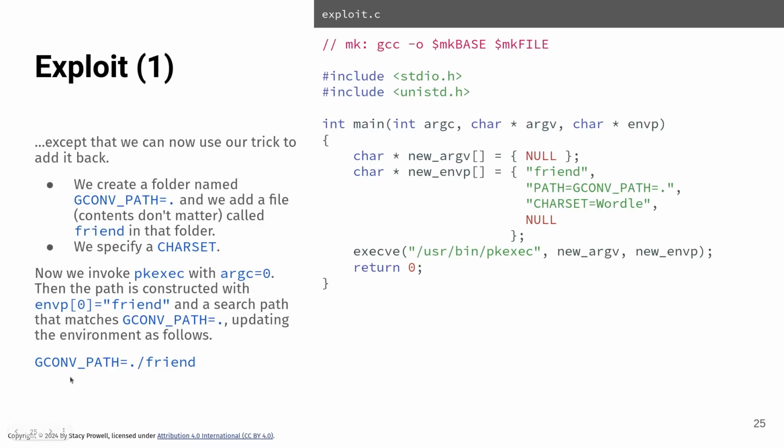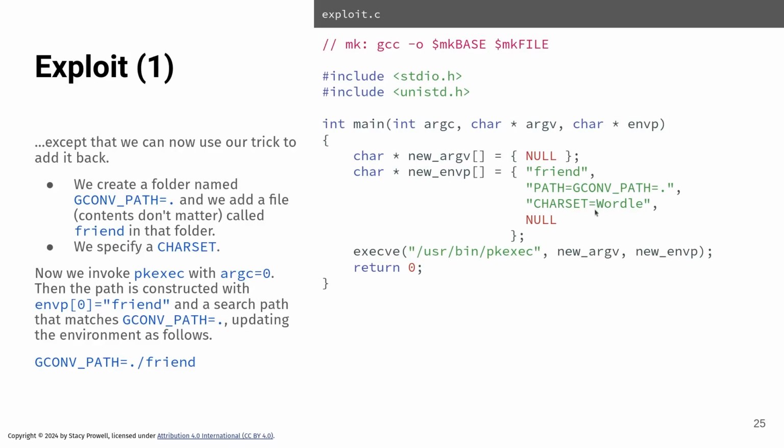It will then construct this as the final result and write it back to the 0th entry. So GCONV_PATH=./friend will overwrite friend that was here, and that'll be the new environment entry. Alright, so now GCONV_PATH, the exploitable environment variable, is back in our environment.